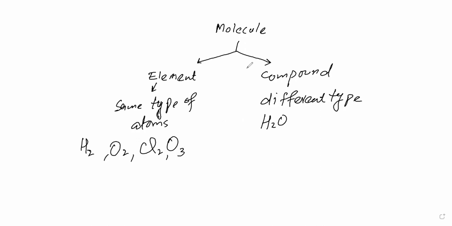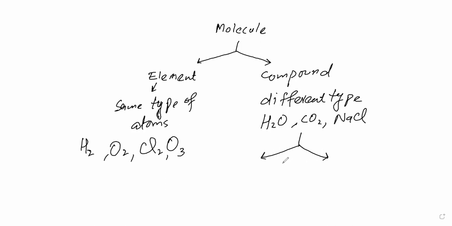So the combination of atoms is called a molecule, but the atoms are of different types, of different elements, so we'll call it a molecule of a compound. Same as carbon dioxide, same as NaCl.